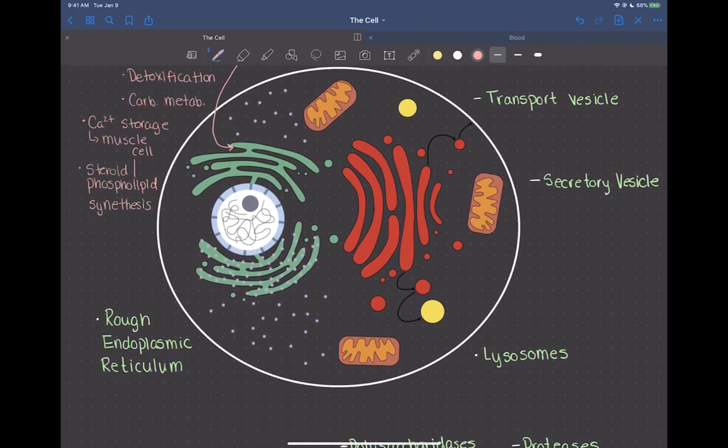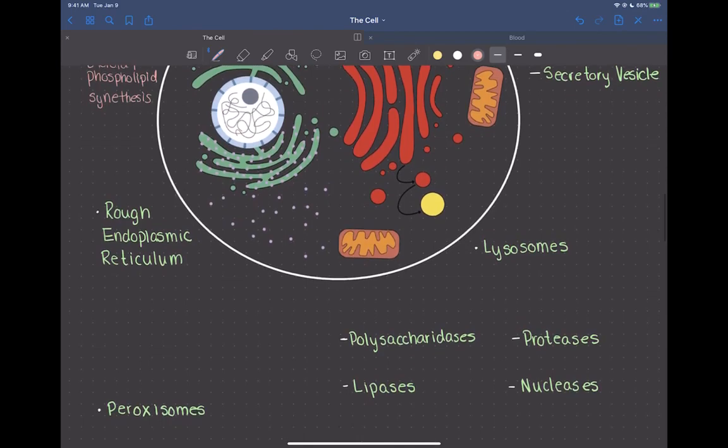All right, so now let's talk about the rough ER. Rough ER is different because it has ribosomes attached to it. So this would be our rough ER here with its ribosomes attached.